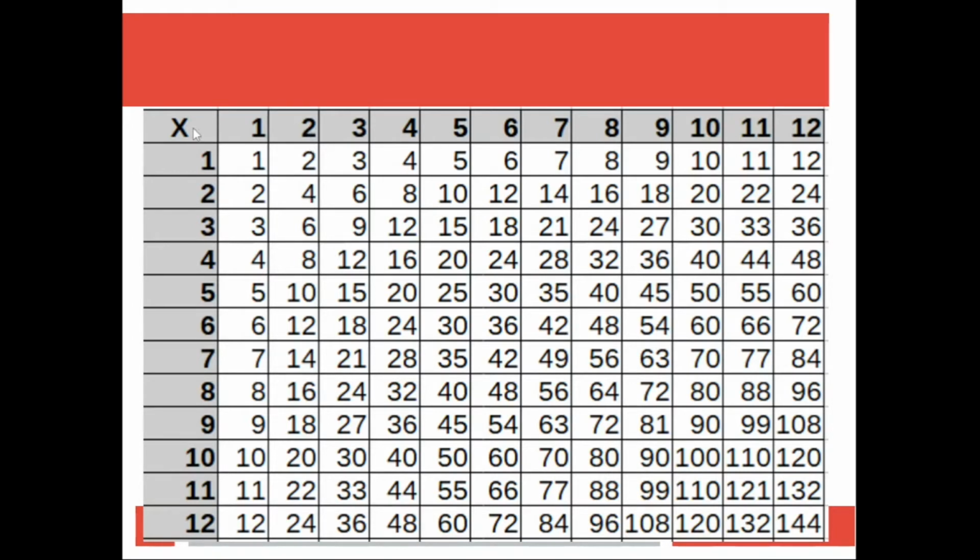So 2 times 2 is 4. And the third time that you count 2 gives you 6, and it is 3 times 2 is 6. So the child must understand that skip counting is basically the same thing as multiplication.